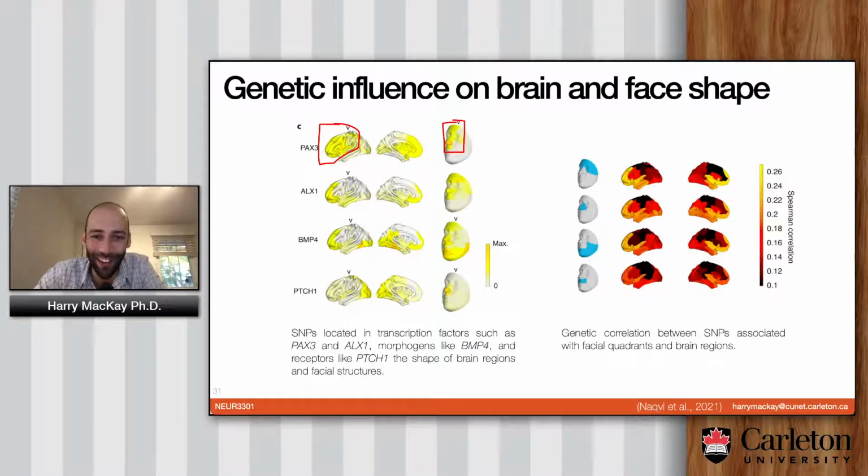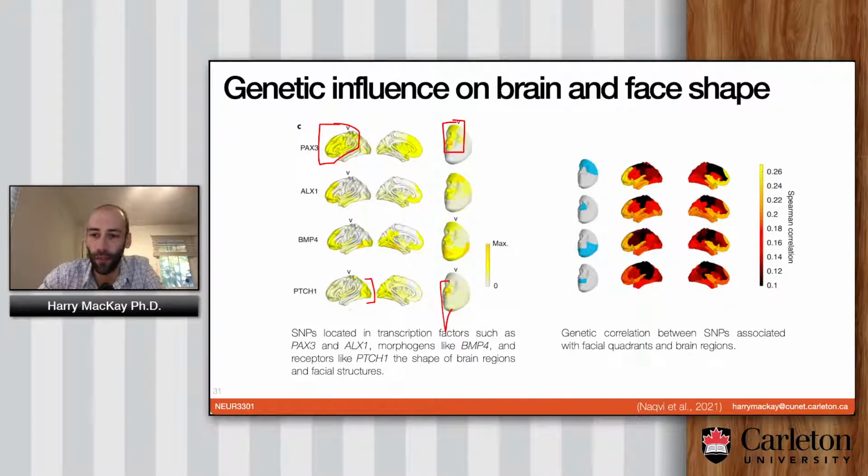And you can go on down the line. Patched 1 controls the development of the occipital lobe, but also seems to affect nose shape. So pretty weird and wild stuff if you think about it, that for these variants, the effect they have on the brain is fairly correlated with the effect that they have on facial development.